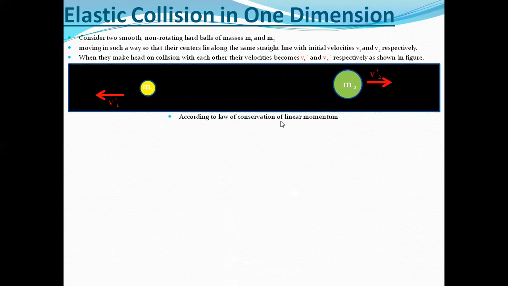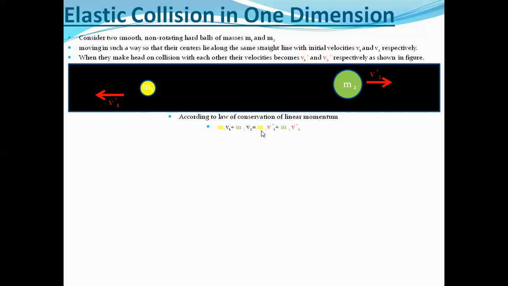According to the law of conservation of linear momentum, m1 v1 plus m2 v2 is equal to m1 v1 dash plus m2 v2 dash. That means the momentum before the collision must be equal to the momentum after the collision, where m1 is the mass of the first object, v1 is its velocity before the collision, m2 is the mass of the second object, and v2 is its velocity before the collision.